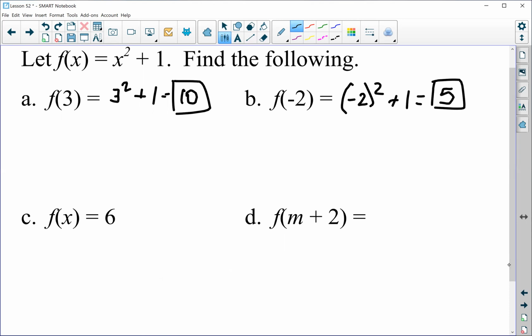All right. Part C, you're told x squared plus 1 equals 6. Now you need to solve for x.